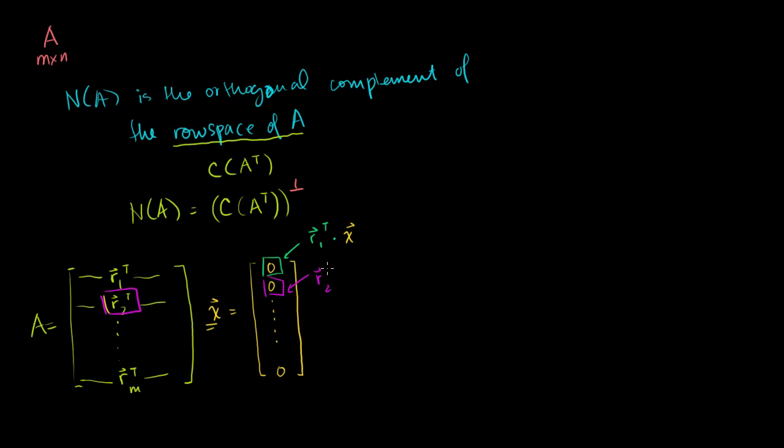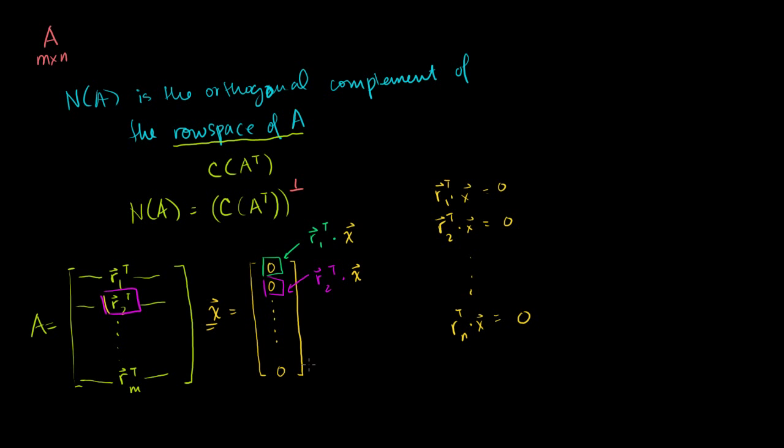So R2 transpose dot x is going to be equal to that 0 right there. So another way to write this equation is that R1 transpose dot x is equal to 0, R2 transpose dot x is equal to 0, all the way down to Rm transpose dot x is equal to 0.